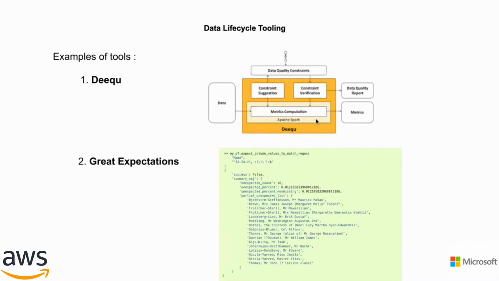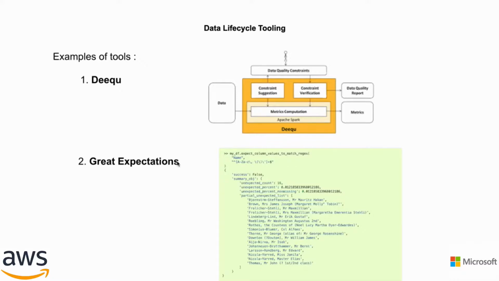It can also do something very interesting: you can provide a data set with quality, and it can do constraint suggestions, and you can then use the suggestions to ensure that your data always meets the specification. And obviously you can have a data quality report, and then you can use the metrics that are produced, and you can even integrate this in your CI/CD pipeline or CD for ML.